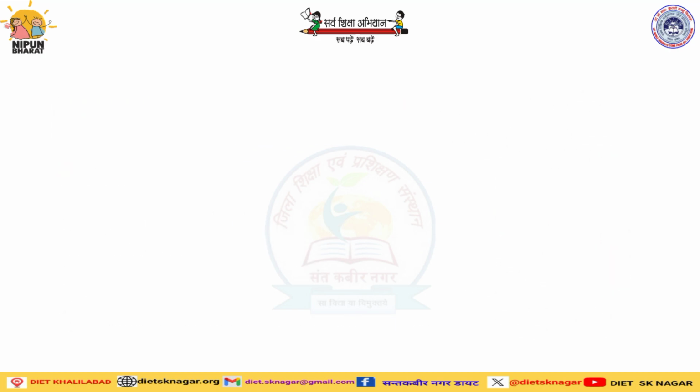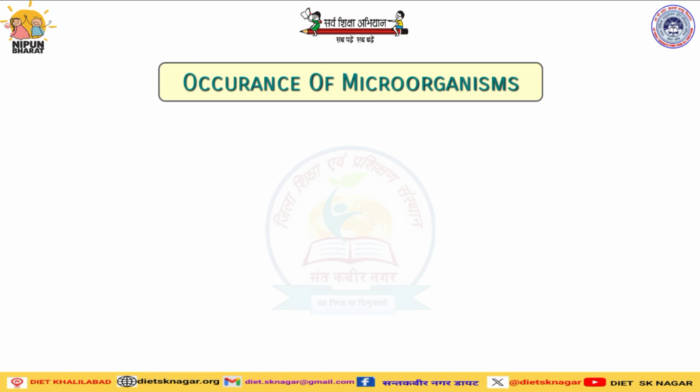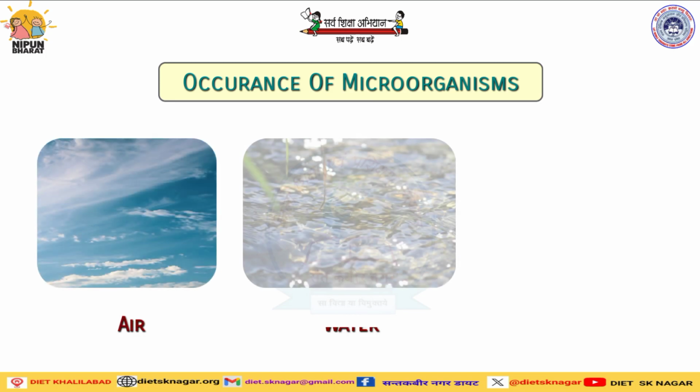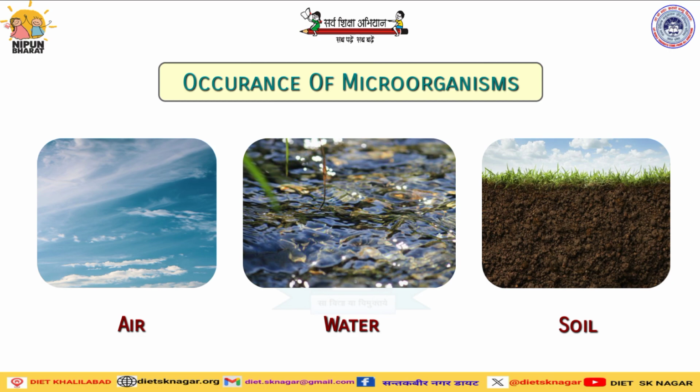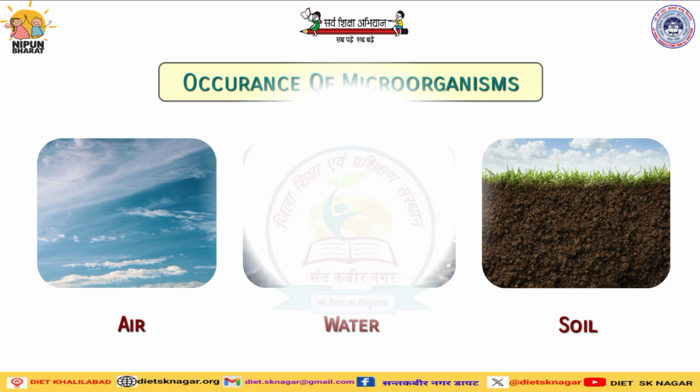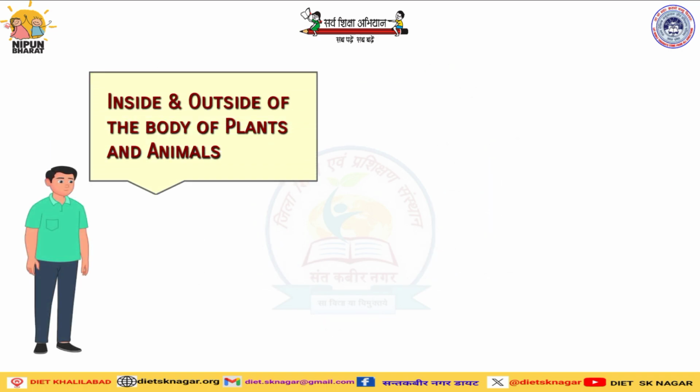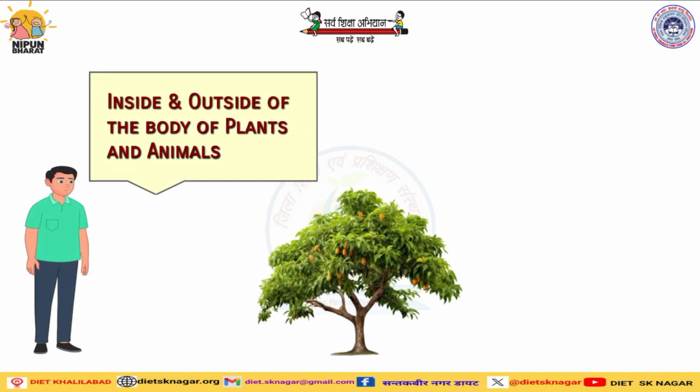So now we are very familiar to the term microorganisms. So let's discuss about the occurrence of microorganisms. Microorganisms are found in air, in water and in soil, as well as inside and outside of the body of plants and animals.